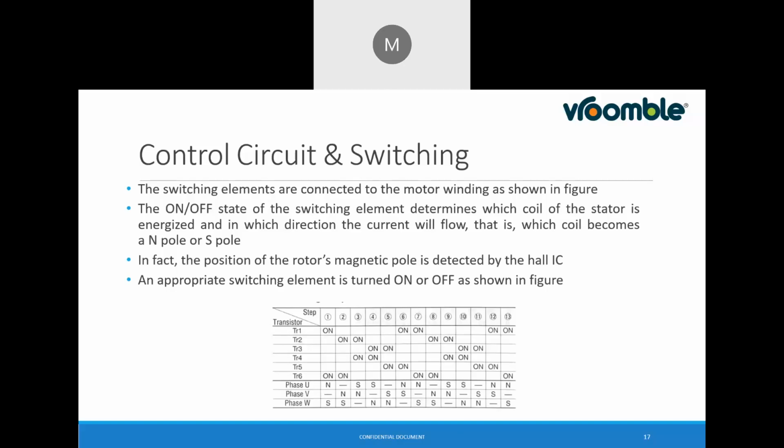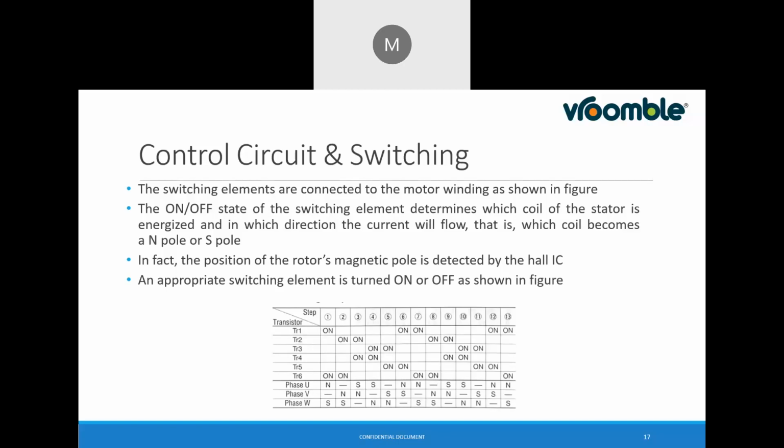At that point in time, transistors 2 and 4 are switched on. On the third switching, transistors 3 and 4 will be on. And here, the north and south poles are again inverted. The south pole becomes phase V, and phase W becomes a north pole, right?